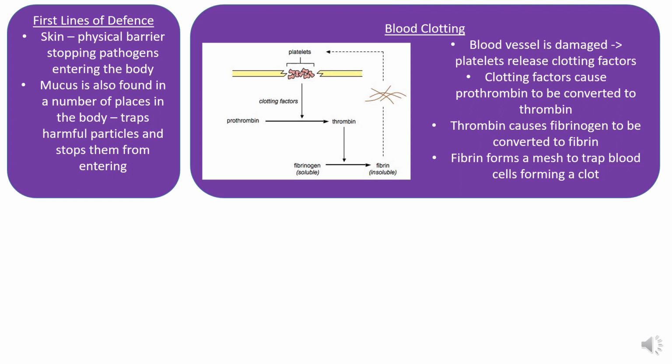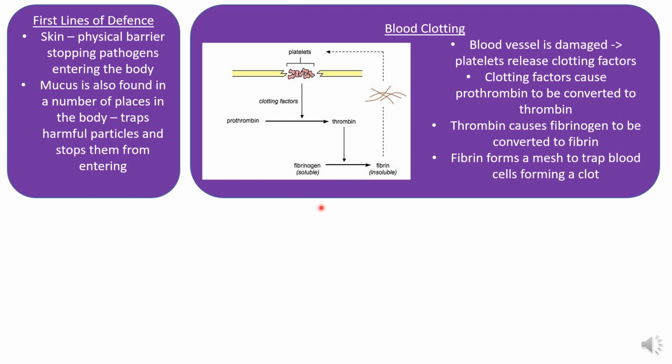The clotting factors cause prothrombin to be converted into thrombin. Prothrombin is an inactive molecule, whereas thrombin is active because the thrombin then causes fibrinogen to be converted into fibrin. The fibrin then forms a sort of mesh over the injured blood vessel, and it stops the blood from being able to get out.